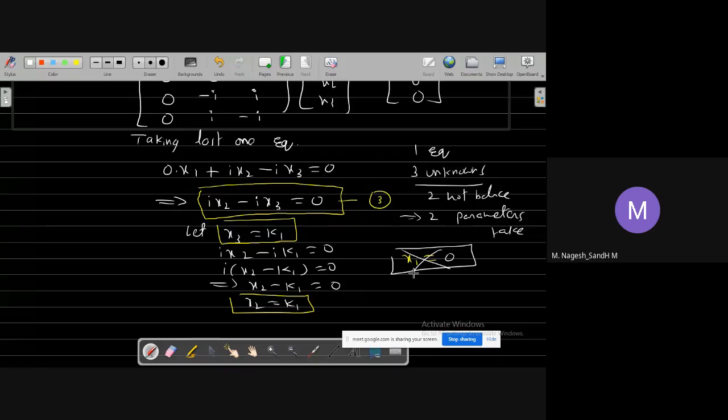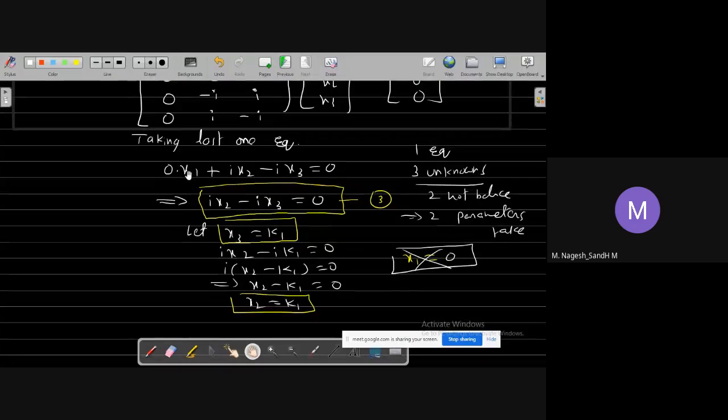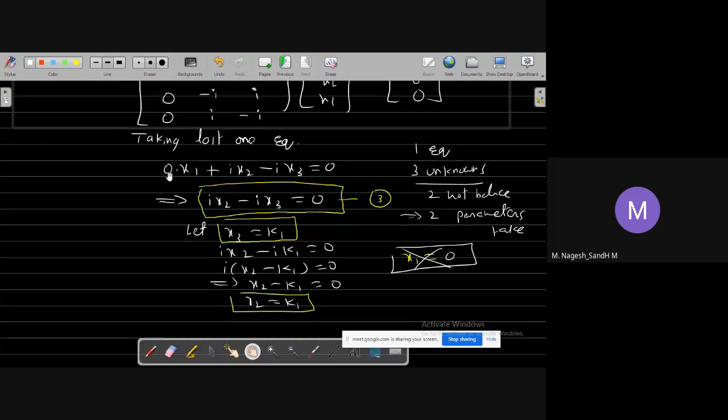In the same way, when x1 is not there in the equation, it doesn't mean that x1 is 0. The x1 value may be something else. Why? Because 0 into x1 is 0, so x1 is not 0 here.